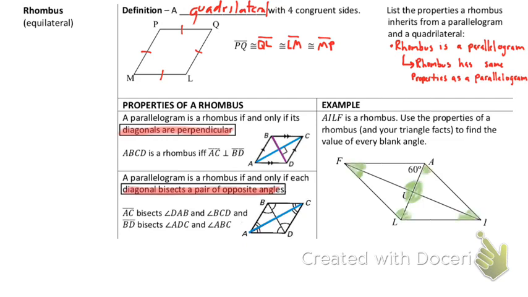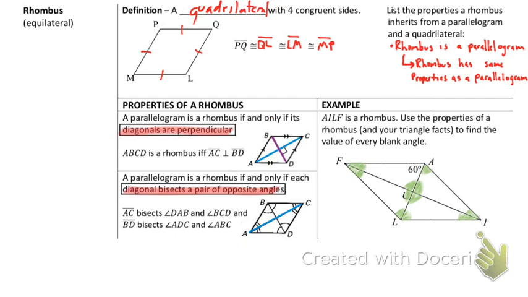Okay, so in this example, our job is to figure out every blank angle measure. So I color coded them so they're easier to see, but we got to fill in the measurement for each of these green spots, these green angles. And we're going to use all the properties we can. The first one I see, because this is a rhombus, I know that these diagonals will cross each other at 90 degrees.